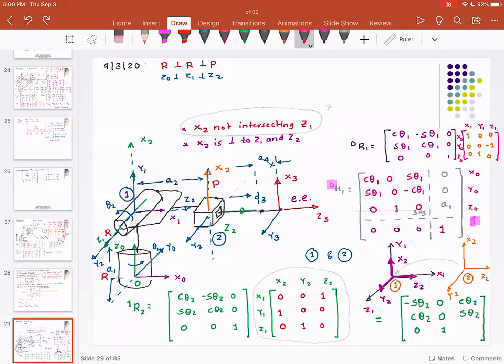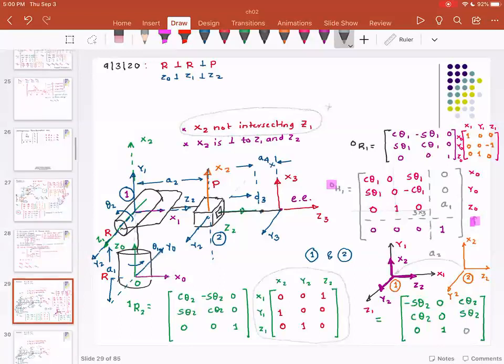When frame number 1 was away from frame number 2, the distance between these two was maybe A2. But since we have translated, the distance between frame 2 and frame 1 is going to be 0.